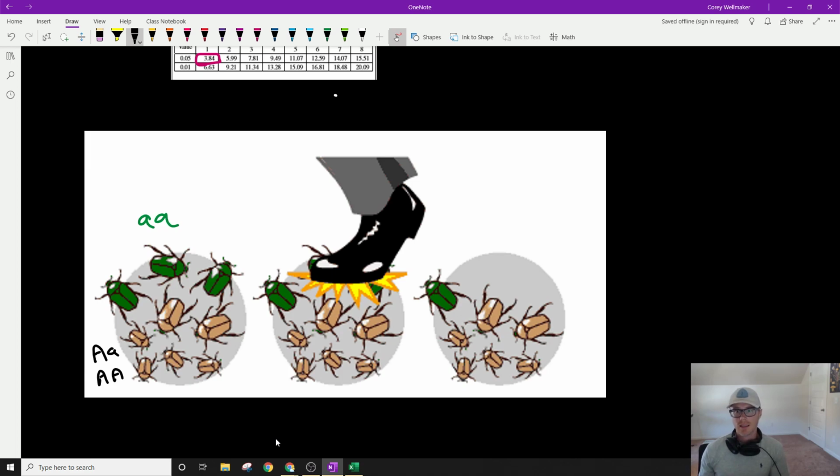Then suddenly that advantageous allele is wiped out of the population, or dramatically reduced, and that can make the population overall more susceptible to extinction if you're randomly erasing advantageous alleles from the population.